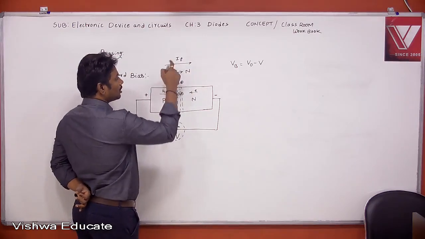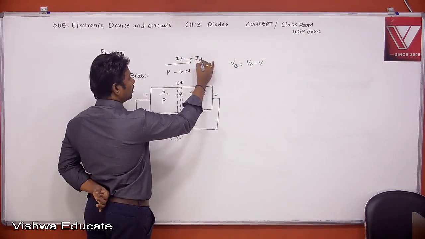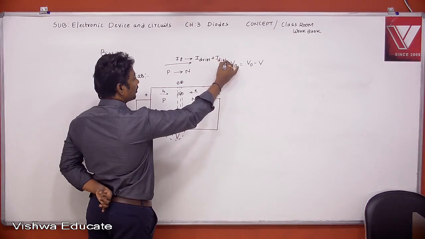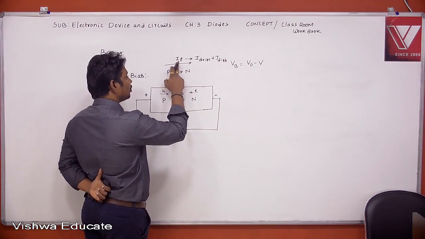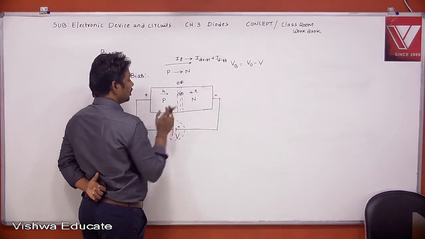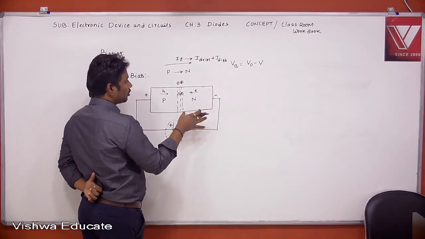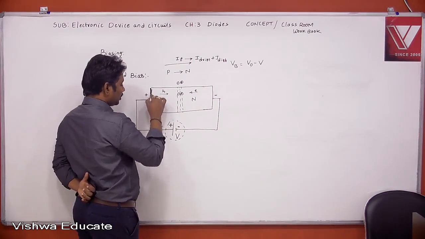You know, this forward current is due to two mechanisms: one is the drift mechanism, another one is the diffusion mechanism. In case of forward bias, the forward current is due to both drift as well as diffusion. So where does the drift current flow, and where does the diffusion current flow? The drift current flows at the far end of the PN junction.